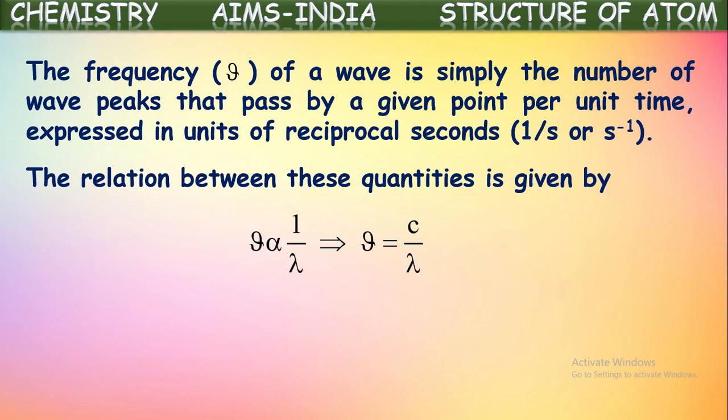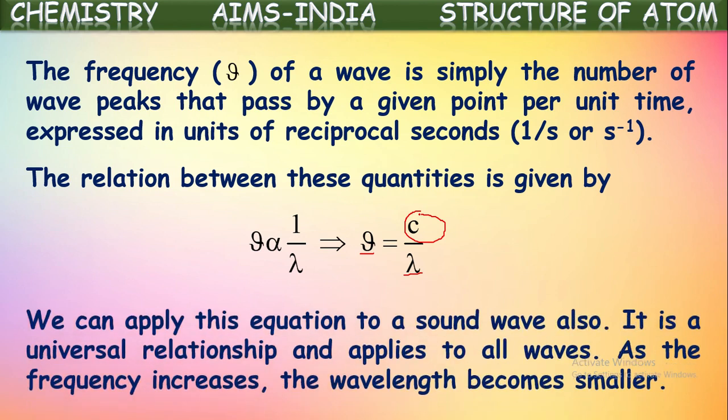To remove the proportionality, we take a constant here, so nu is equal to c by lambda, where nu represents the frequency of the wave, lambda is the wavelength of that electromagnetic radiation or electromagnetic wave, and c is a constant called the velocity of light. What is the velocity of light? It is equal to 3 × 10^8 meters per second, or 3 × 10^10 centimeters per second.